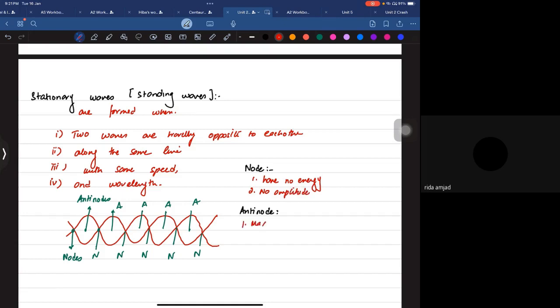Antinodes have maximum energy and maximum amplitude. So these are moving, nodes are not moving at all. Understood? Yes, sir. Very nice.